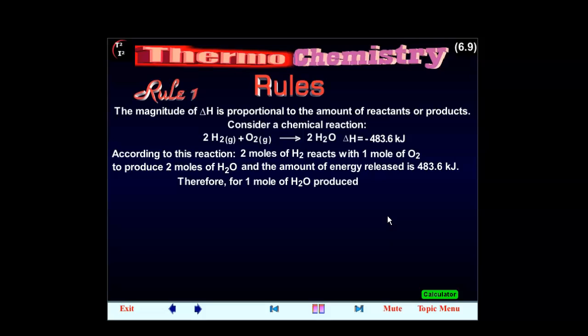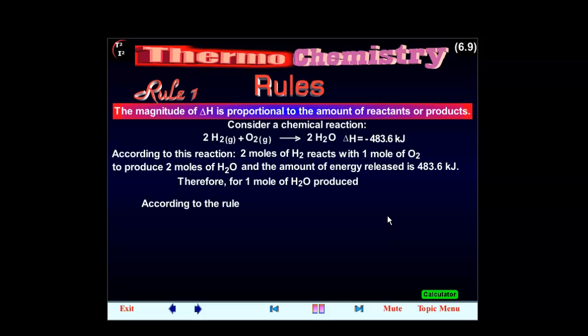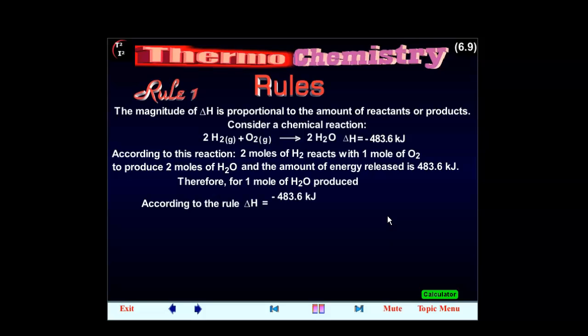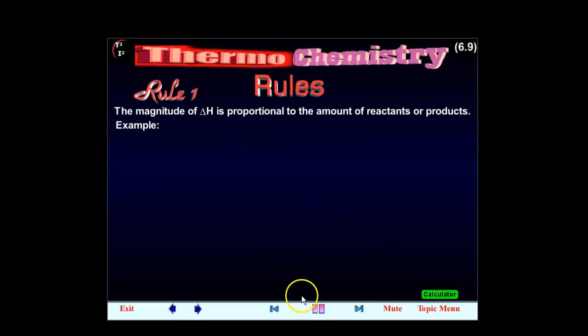Therefore, for 1 mole of H2O produced, according to the rule, delta H equals negative 483.6 kilojoules divided by 2 equals negative 241.8 kilojoules per mole.